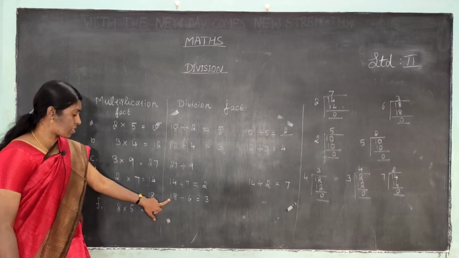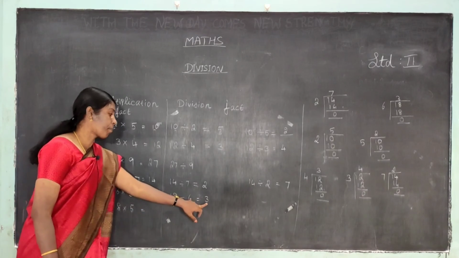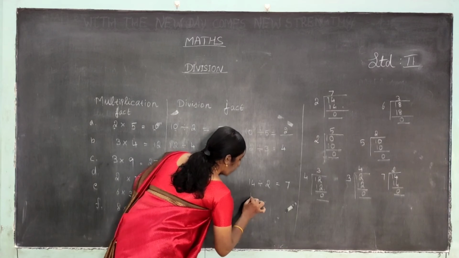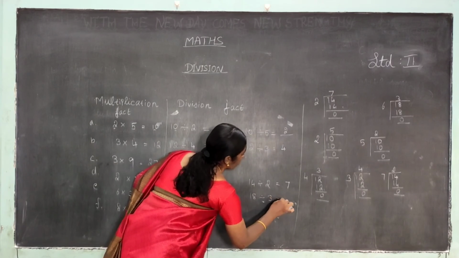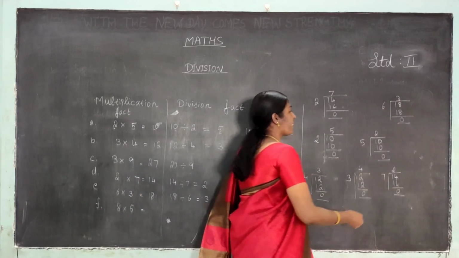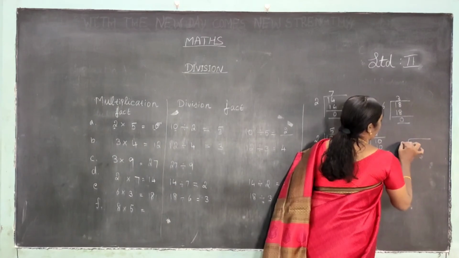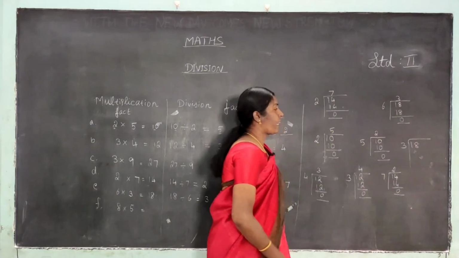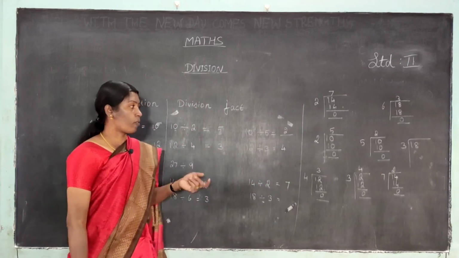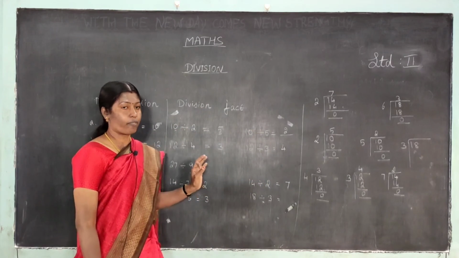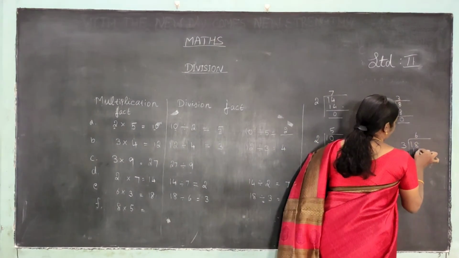Okay, next we are going to again divide 18 by 3. So we write here 18 divided by 3. Okay, let us divide 18 by 3 itself. Tell the 3 table. 3 1s are 3, 3 2s are 6, 3 3s are 9, 3 4s are 12, 3 5s are 15, and 3 6s are 18.